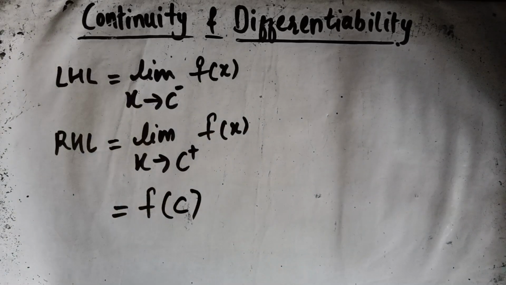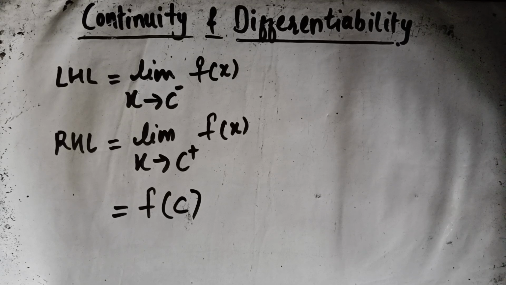If all these three are equal, then we say that it is continuous. If f is not continuous at c, we say that it is discontinuous at c, and c is called a point of discontinuity.